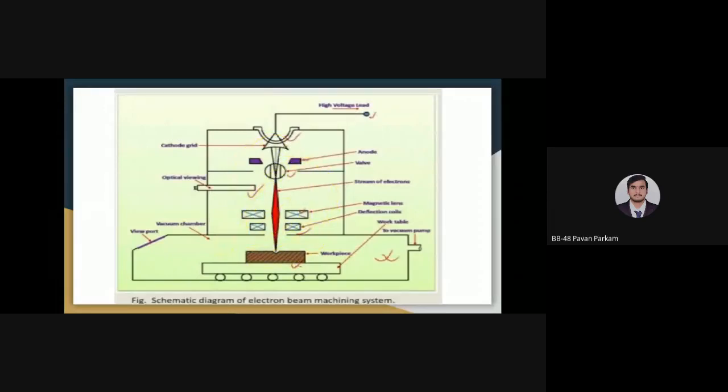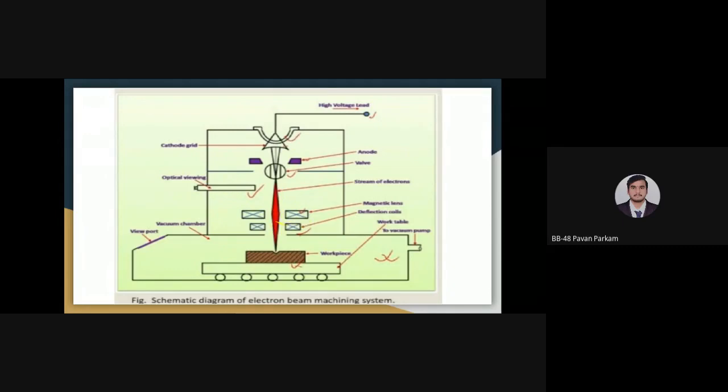Now, what is happening in that machining chamber or vacuum chamber? If you want to see that, an optical viewing system is provided. Now, this electron beam is passing through this magnetic lens.